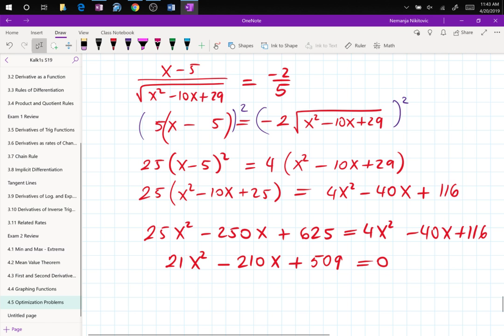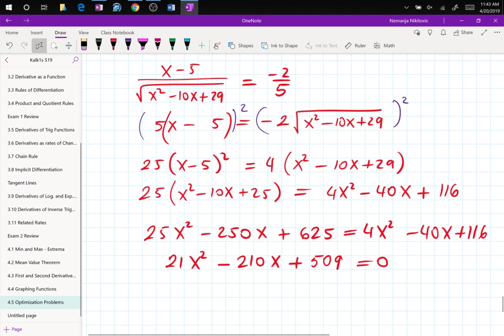And ask it to solve this quadratic equation: 21x squared minus 210x plus 509 equals 0.